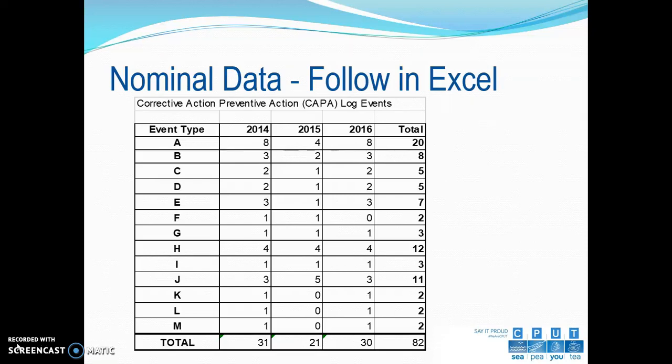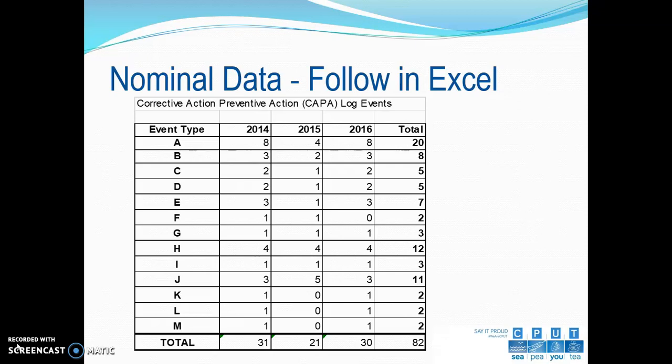This is a practical example of how to apply nominal data in the real world. This is a summary of data taken from Extended Kibbles, a company that sells cat food. In this data, the different problems are categorized by letter so that the company can see how many problems they encounter due to the same cause.